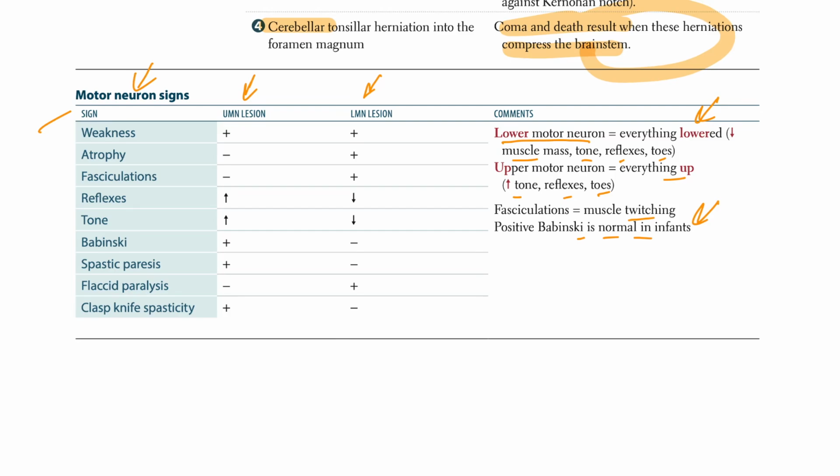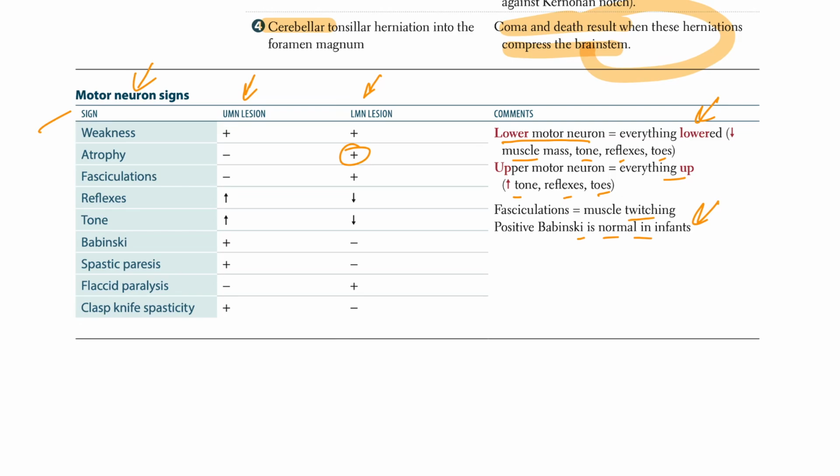Now, if there is weakness, you will have weakness with both the upper motor neuron and the lower motor neuron lesions. Atrophy is only seen with the upper motor neuron lesion. Wait, my bad. It's only seen with the lower motor neuron lesion.